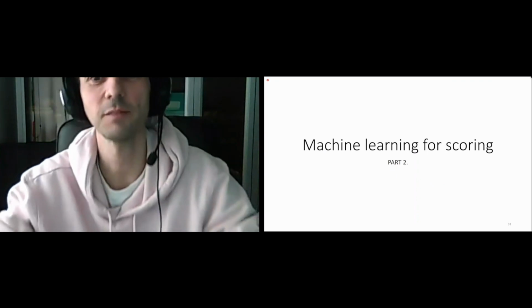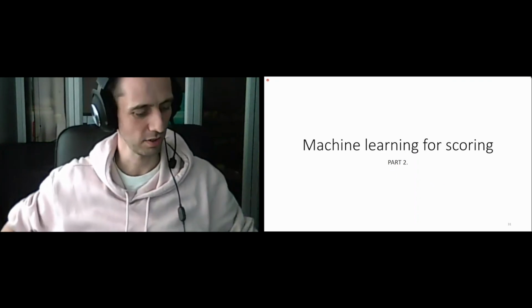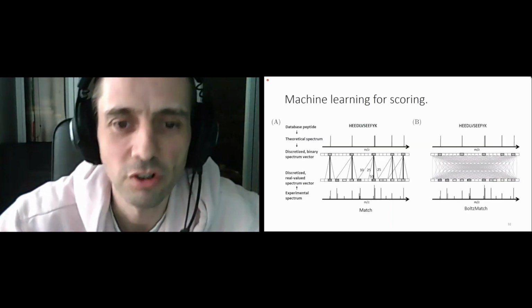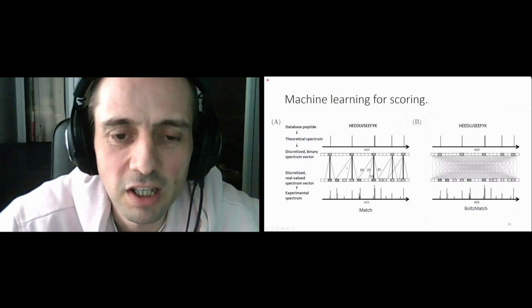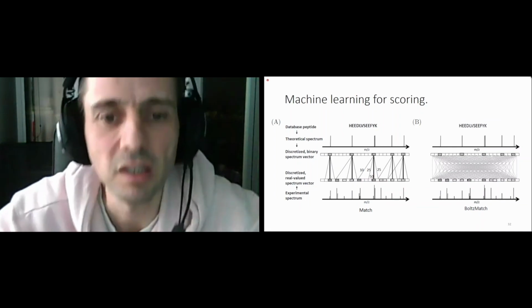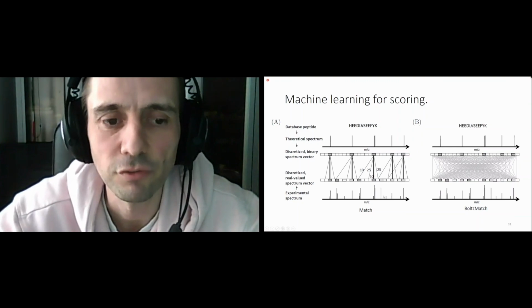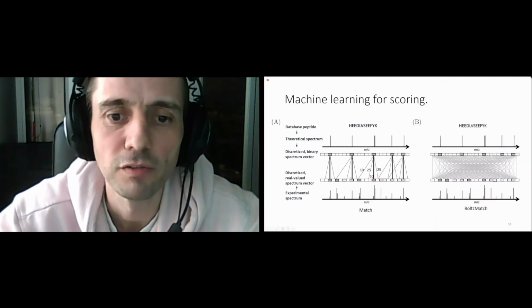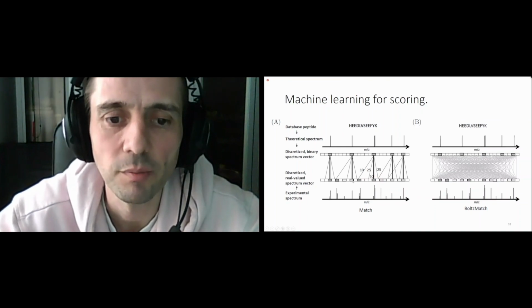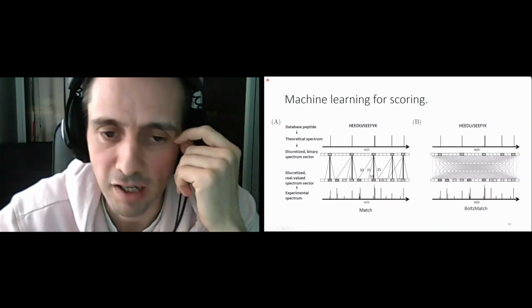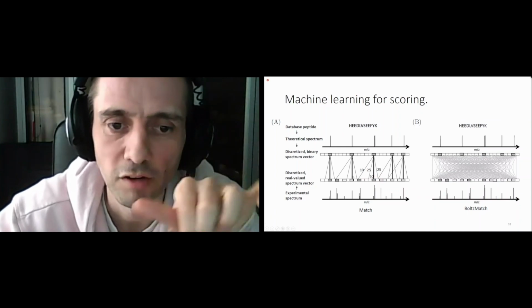Okay, so let me talk about some machine learning. How can we use machine learning for improving the scoring? So remember that I showed you that we can add or consider some secondary fragmentation peaks in the scoring function. For example, the X-score adds a weight of 50 if a peak matches the primary fragmentation peak, but it adds a weight of 25 if the peak matches some flanking peaks.